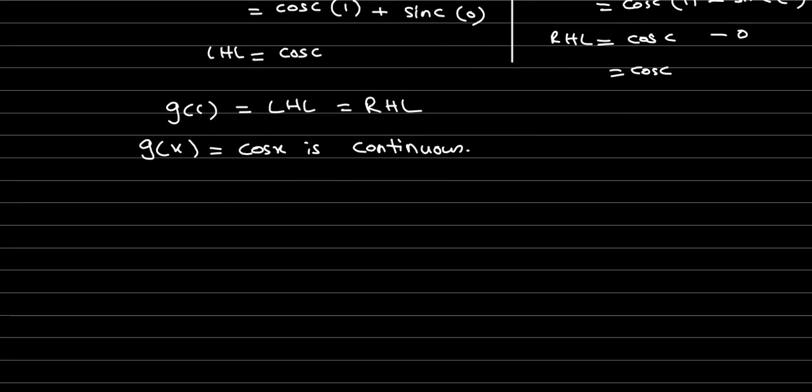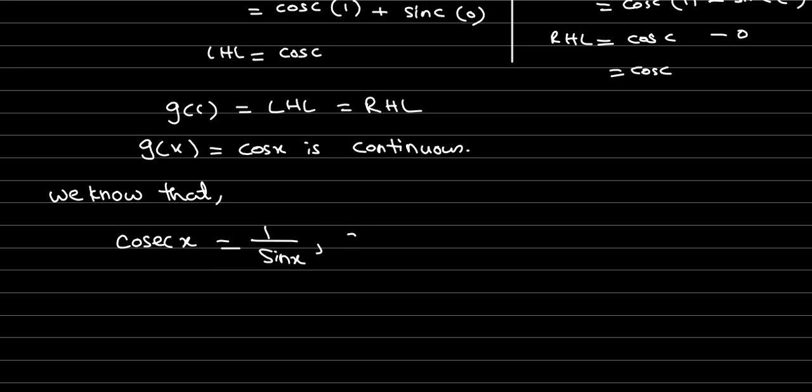So here first let's complete the cosecant, then we can move on to the other functions. We know that cosecant x is 1 by sin x. And we know very well, if anything is in the form of p by q, the denominator should not equal 0. If it is 0, what happens? It's undefined.